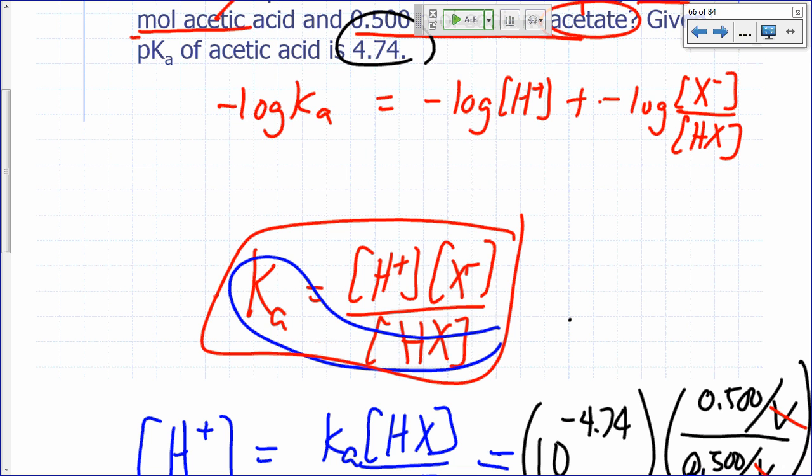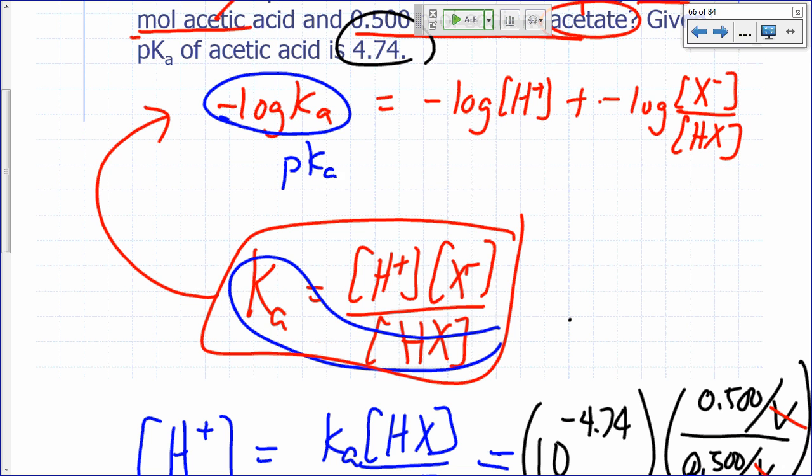So I'm just taking the log of this expression. But what is negative log of Ka? That's pKa. So that's equal to negative log of H plus, which is pH, minus log of base over acid.